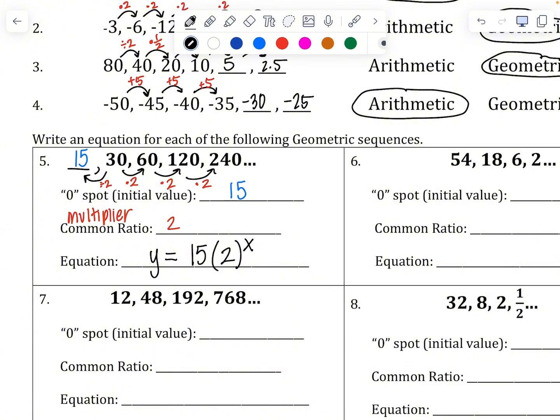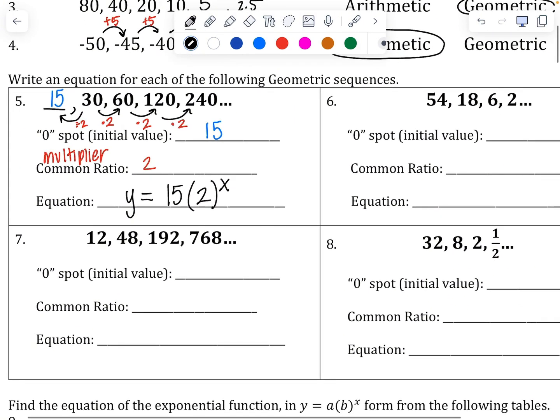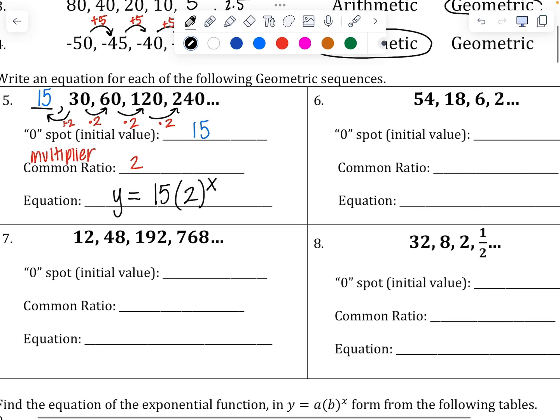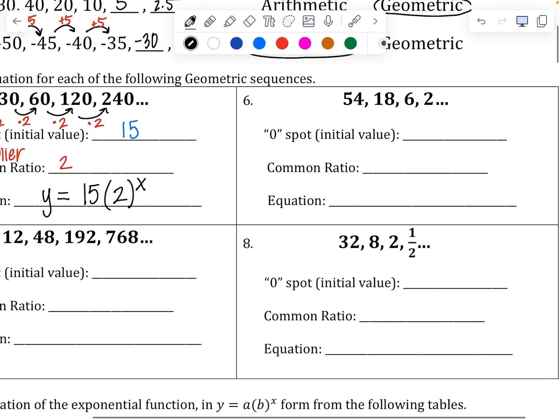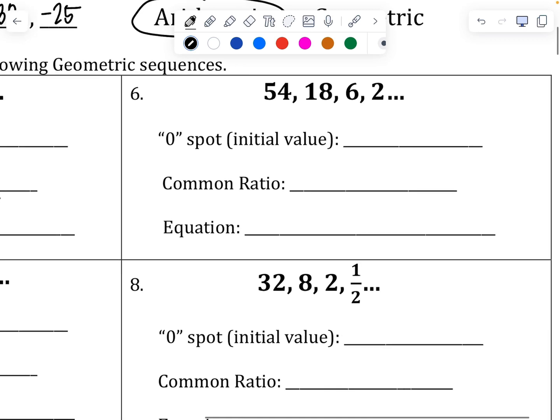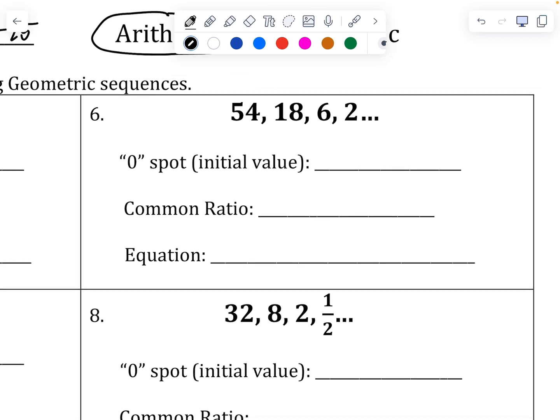Can we do number 6, 7, and 8? I'll give you about 1 minute to brainstorm. See if you can do 6, 7, and 8. And then I'll call on a few people.